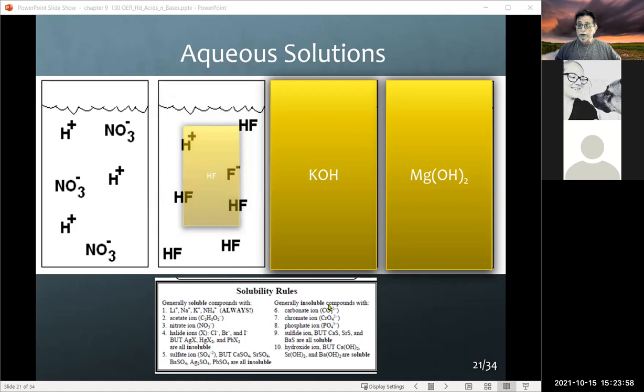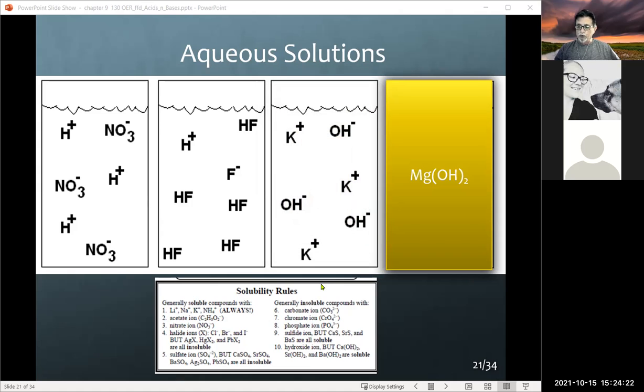HF is a weak acid, and the way we draw it is we maybe show at least 1 set of ions. The rest of them, 3 or 4 HF molecules, are still intact. So you can see there's less charge in solution compared to nitric acid, because it's a weak acid. Potassium hydroxide is a strong base, so we draw 3 or 4 pairs of potassium and hydroxide, totally separated.